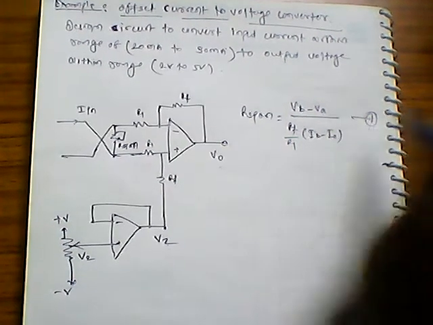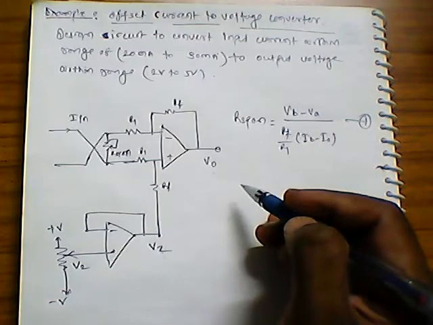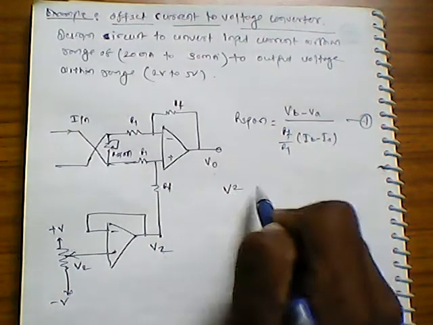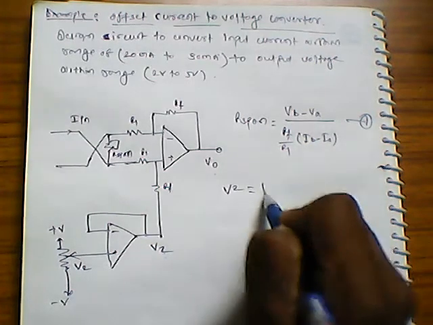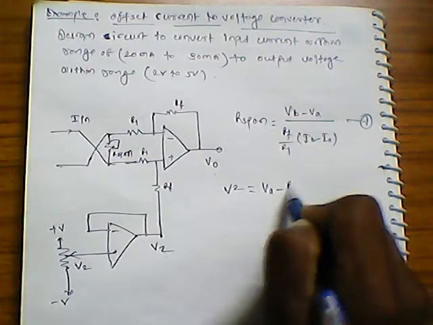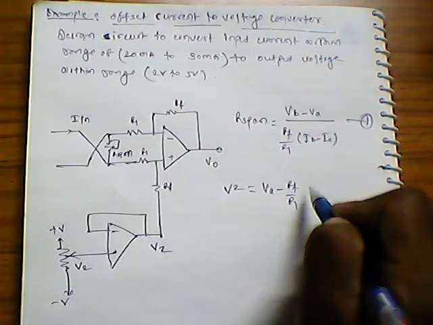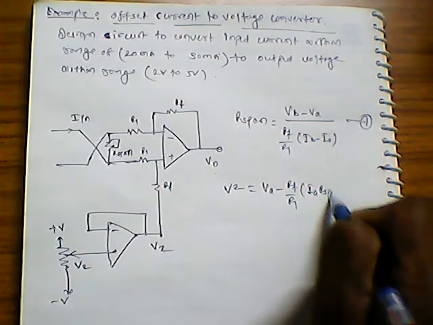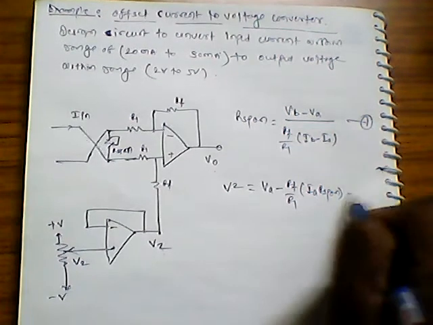This is equation 1 for R span. Second, we have the equation for Vz, that is Vz is equal to Va minus Rf by R1 into bracket Ia into R span. This is equation 2.